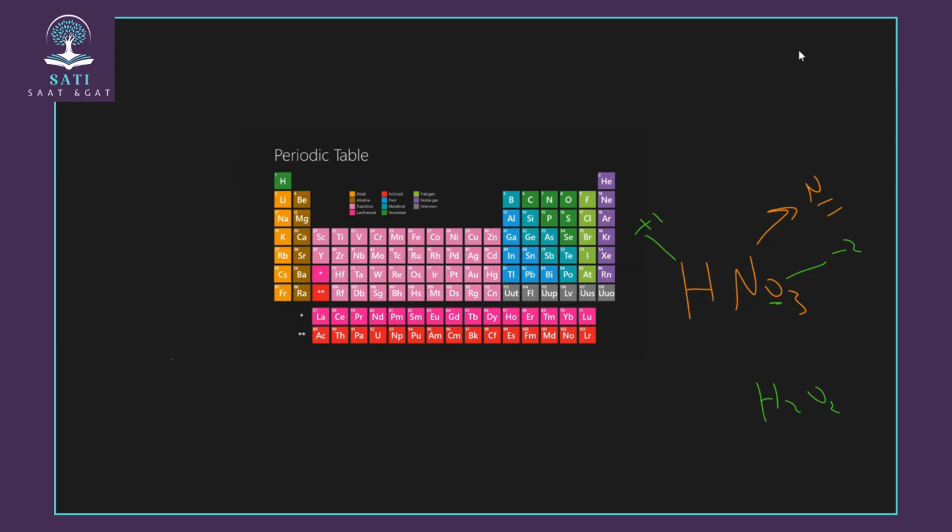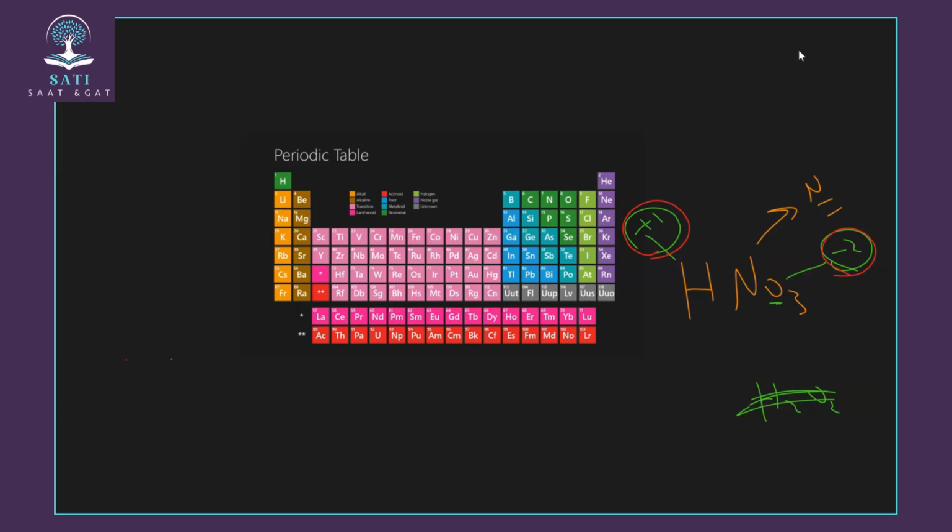In this exception, oxygen will be -1 only. Otherwise, oxygen will always be -2. Hydrogen will always be +1, except when it is with metals like NaH, where it's going to be negative. But usually it's +1. So this one is +1 in compounds, and this one is -2, and you need to memorize it.